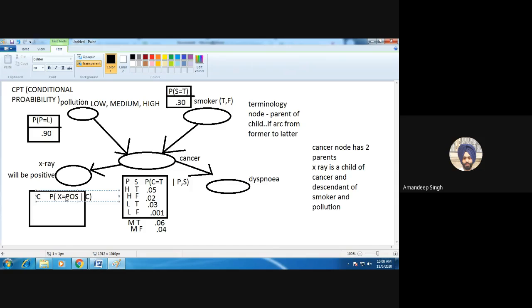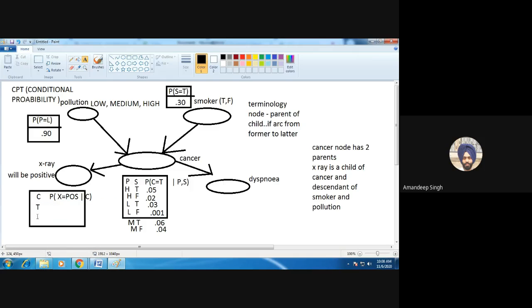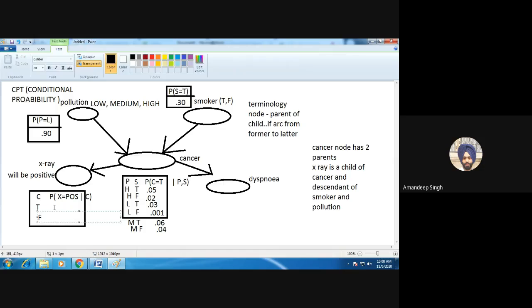Fine. So you try to compute here, can be true, can be false, and for this you try to compute the values.